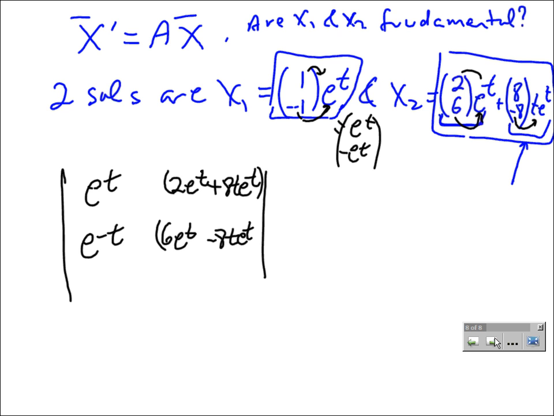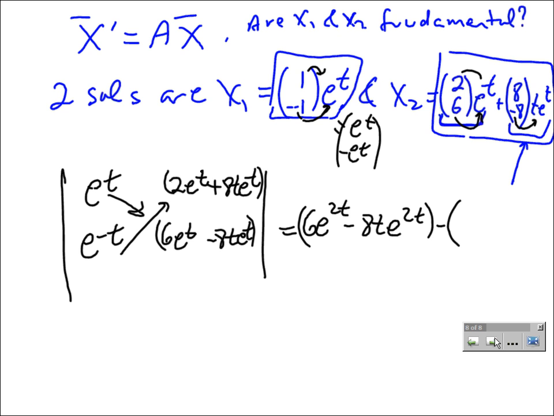Remember, this is just one value. You calculate the determinant. You multiply those two, which is 6e to the 2t minus 8t e to the 2t, minus that product.